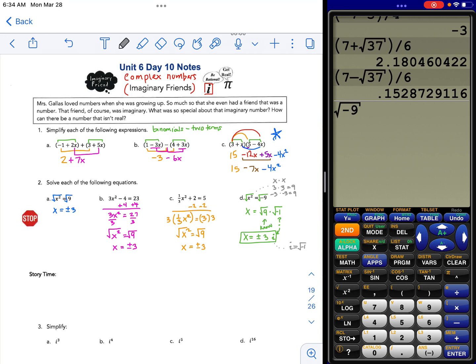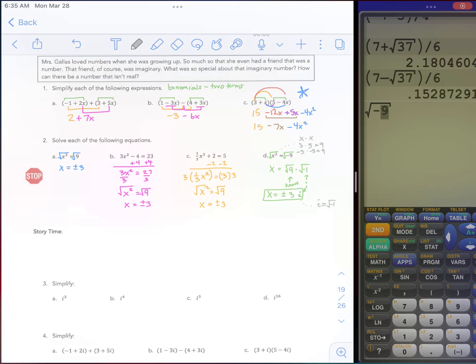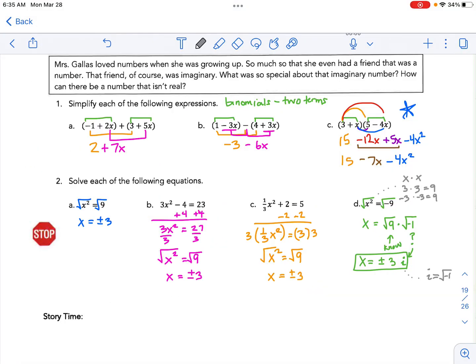And so what we can do then is work within that system. Now that we know what i is, we can filter out all of our negative signs underneath our radicals and work with the numbers and then follow it up with that imaginary designation.